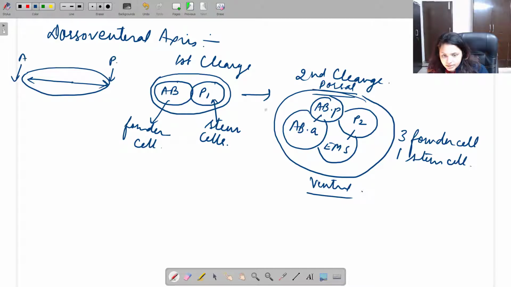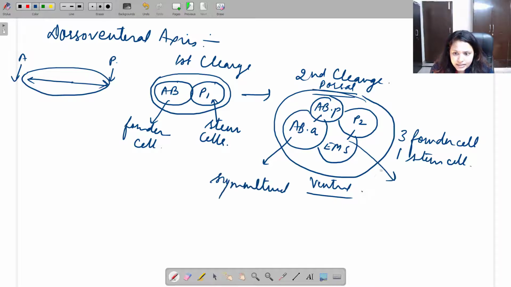And the second cleavage is different: the founder cell AB divided symmetrically to provide 2 founder cells, AB anterior and AB posterior. Stem cells divided asymmetrically. So a very important point is this division is symmetrical while this division is asymmetrical. Okay, very important point, just note down.